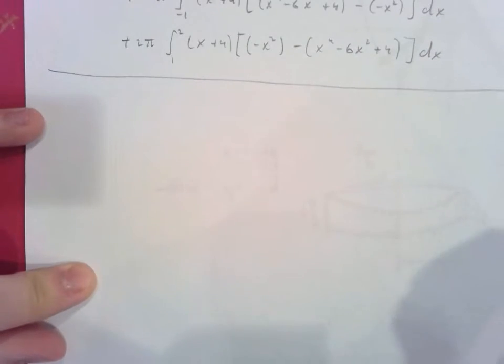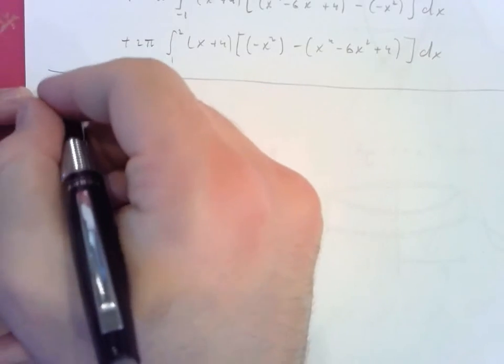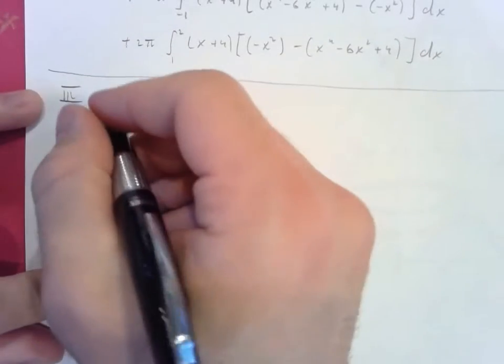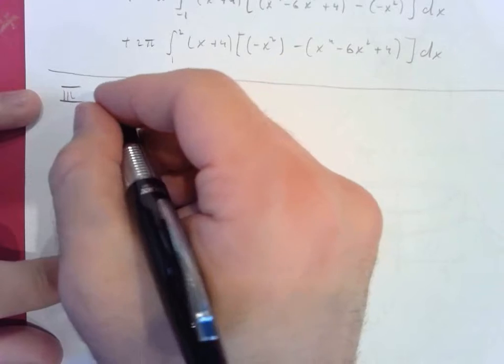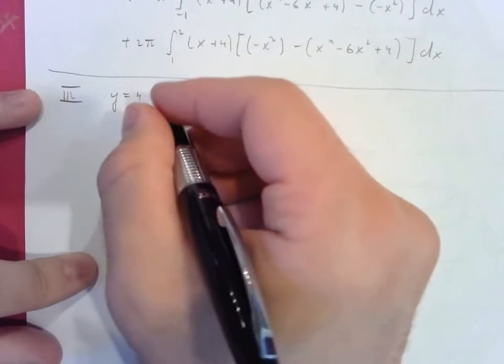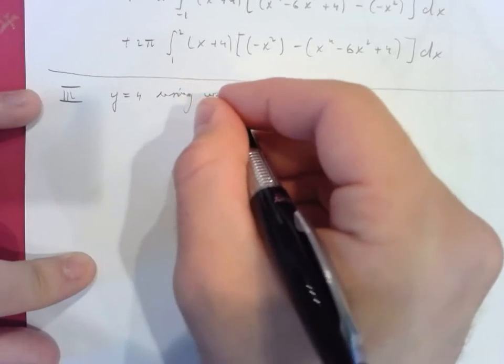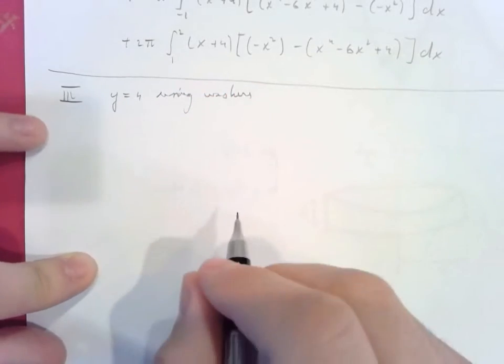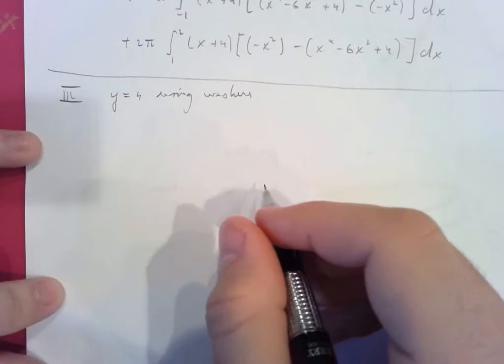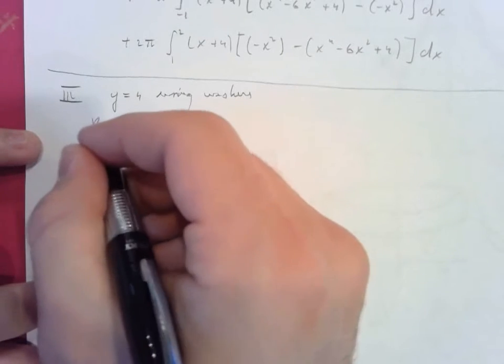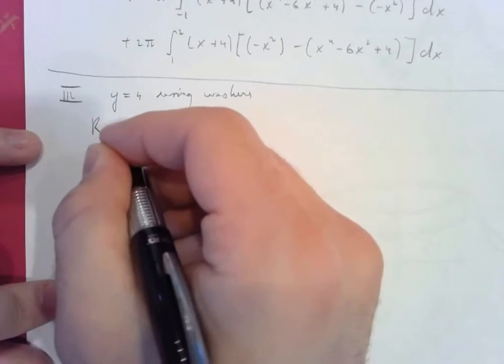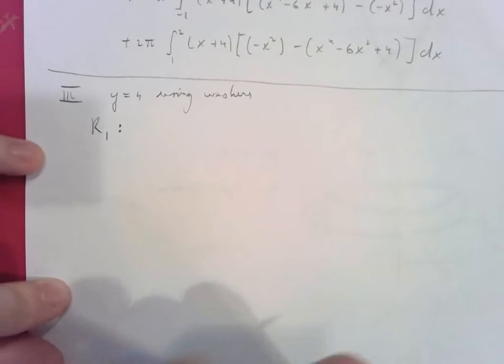I am using now the washer method, and I'm revolving this about y equals 4 using washers. So for the washer method, in region 1, because I'm using washers, I need the inner radius and the outer radius.